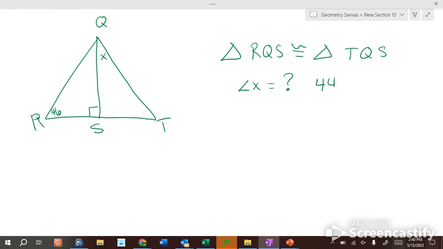This is 44. Because this angle is congruent to this angle, this side is congruent to itself. Okay? And we know that these two triangles are congruent. So this is congruent to this. And so these two are congruent. Well, we know that 44 is left up here to make 180, so 44 must be here.